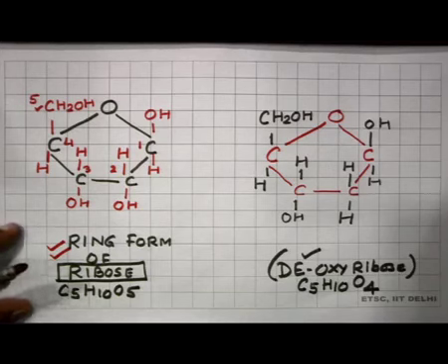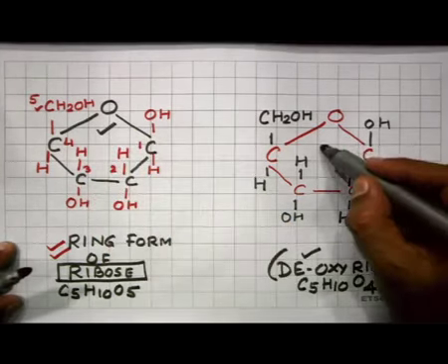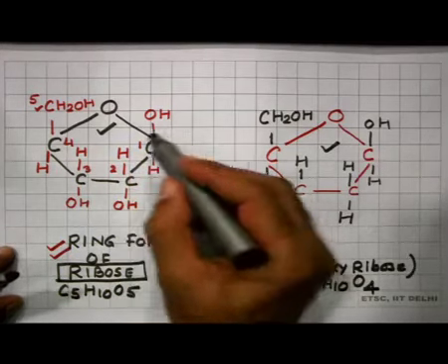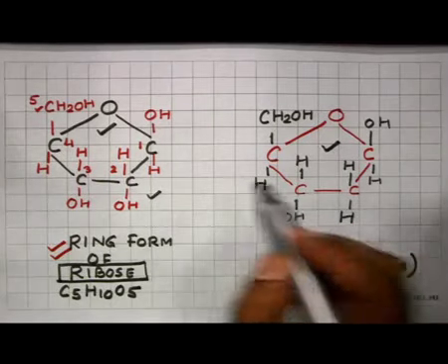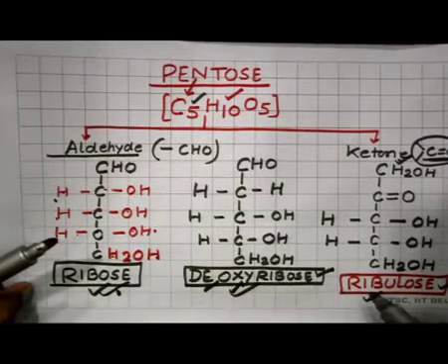So, now we can easily write the difference between ribose sugar and deoxyribose sugar, in both the ring structure form and the open chain form.